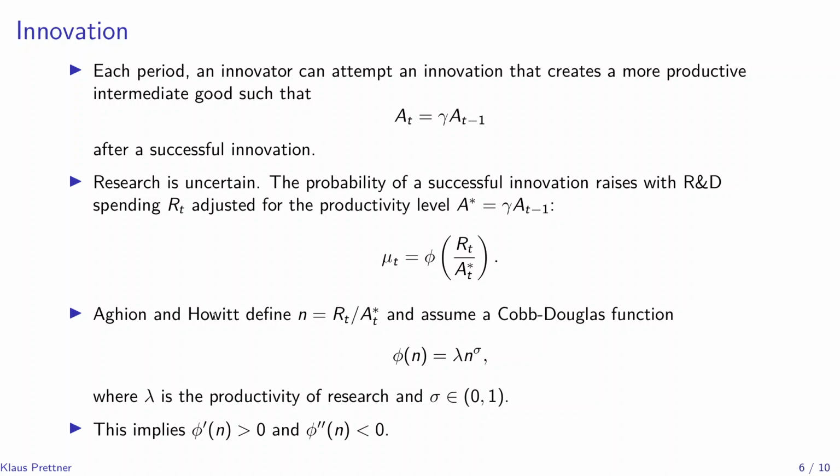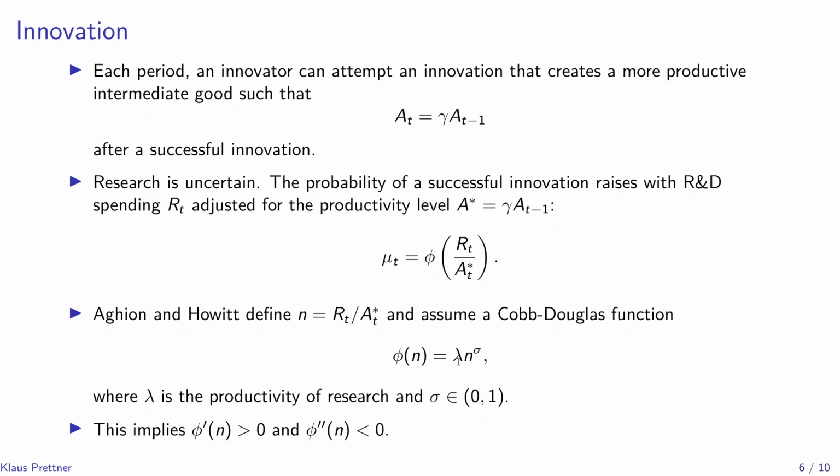To save on notation, Aghion and Howitt define this ratio of research expenditures normalized by the level of technology as n. And they assume, for later on, a Cobb-Douglas specification of this function, where phi of n, the function that translates research expenditures normalized by productivity level into the probability of a successful innovation, is lambda times n to the power of sigma.